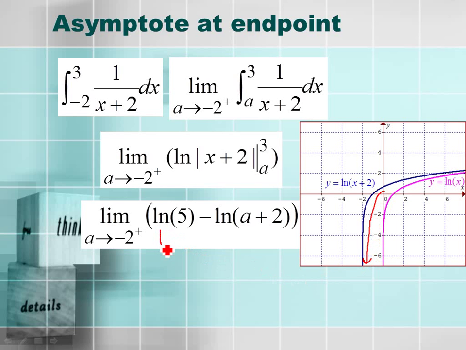So I end up getting ln of 5 minus, it's going to negative infinity. So it's going to diverge. It diverges to infinity, but it's okay to simply say it diverges.